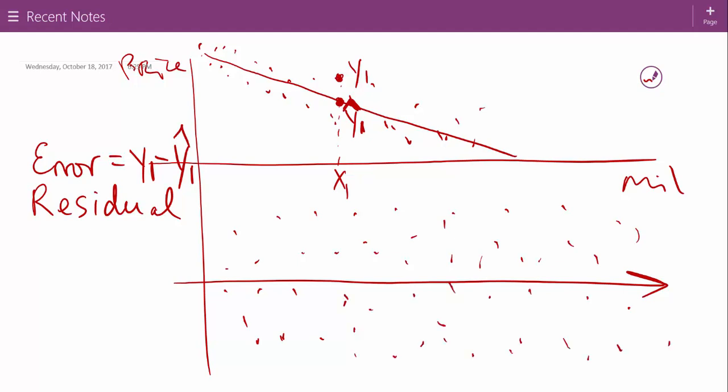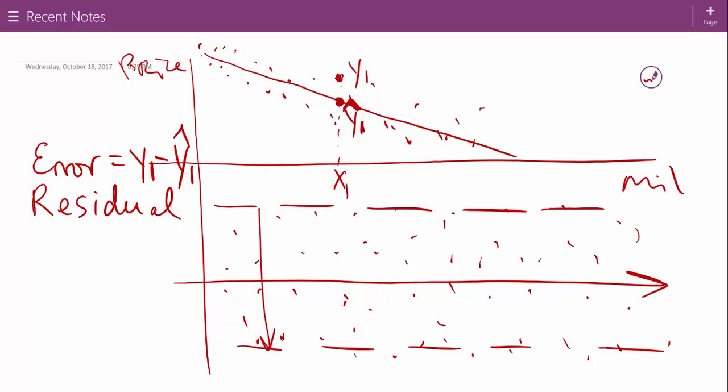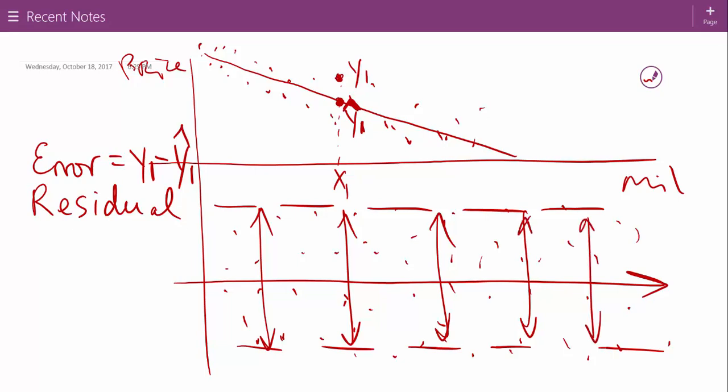Okay? And moreover, my residual plot should look like a uniform cloud of points with the same thickness all over the place, okay? So the residual variability should be the same no matter where I look. That's the ideal residual plot. No curves, no lines, no trends, nothing. All right?